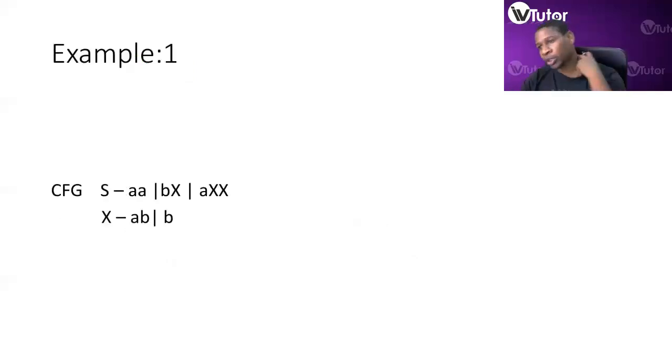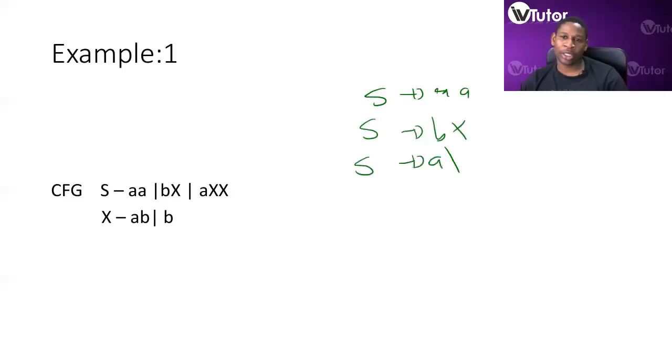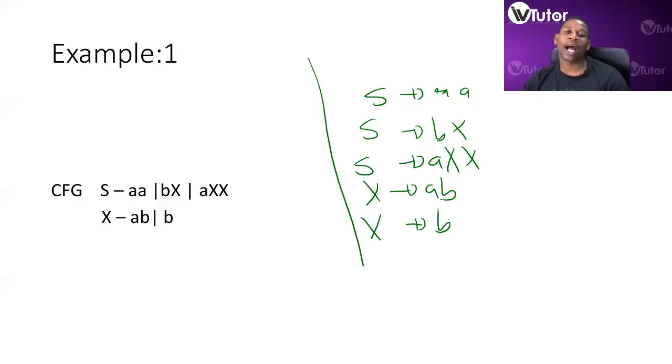So we have an example of a context-free grammar here, and this is now a notation difference. S goes to AA, S goes to BX, S goes to AXX, X goes to AB, X goes to B. These two CFGs are one and the same thing.